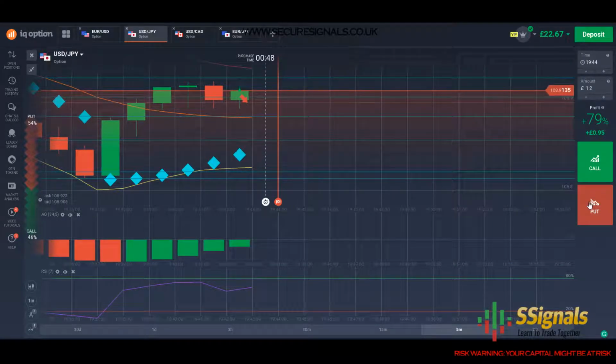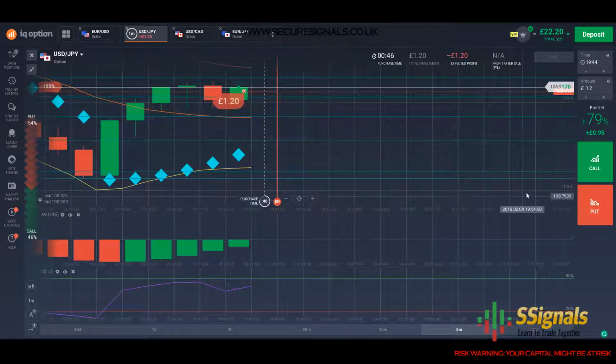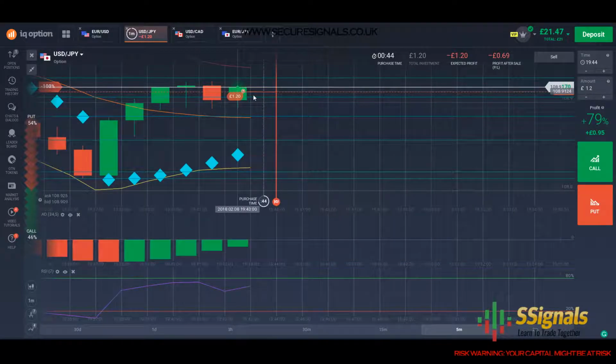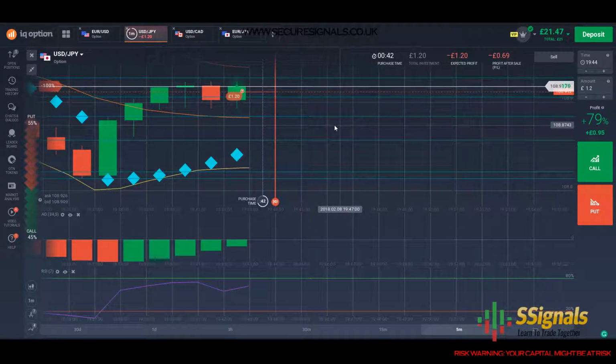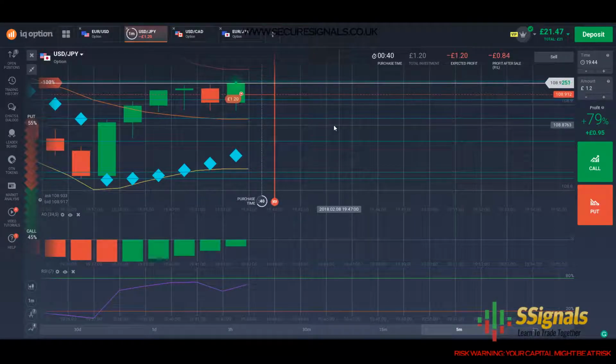Okay, enter a put now on the close of this candle if you want. I entered up here. The broken leg is fine.